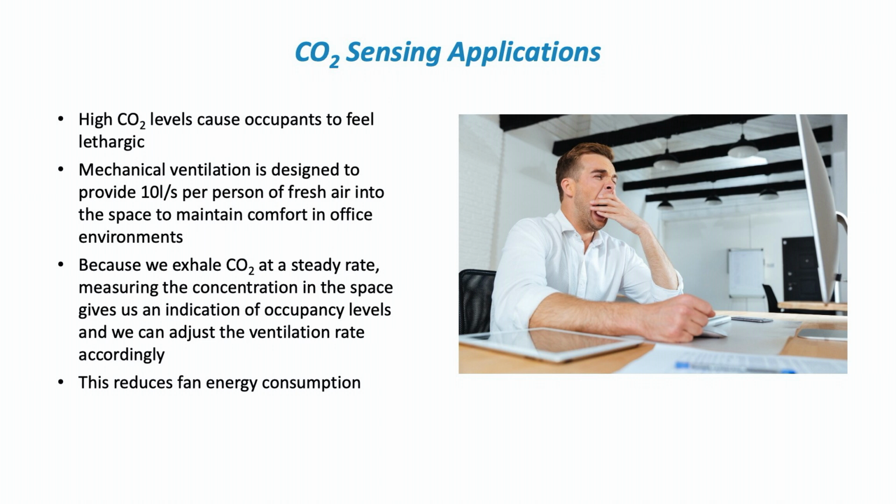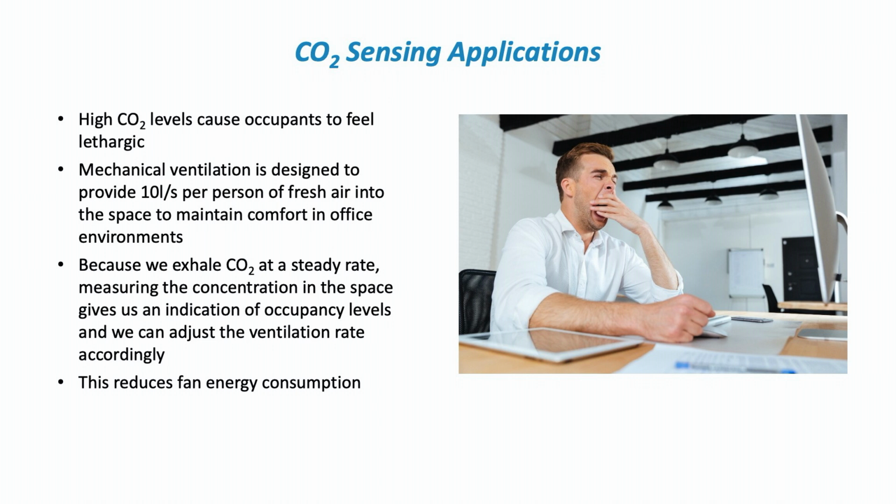Now, that's great for the occupants, a lot of fresh air, but you're going to use a lot of fan energy to provide that. So by measuring the CO2 levels in the space, we can ascertain roughly how many people are in the space, and we can slow the fan down accordingly. And again, I don't want to dwell on exactly how they work, but if you slow a fan down, then you use far less energy than if it is running at full speed, and it is not a linear relationship.